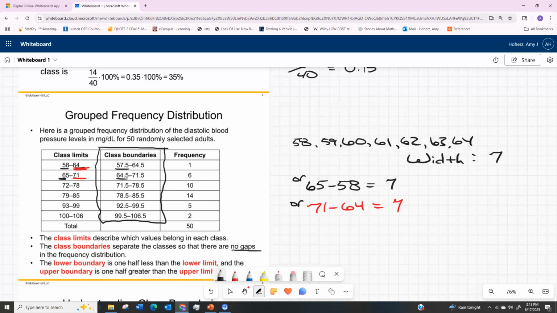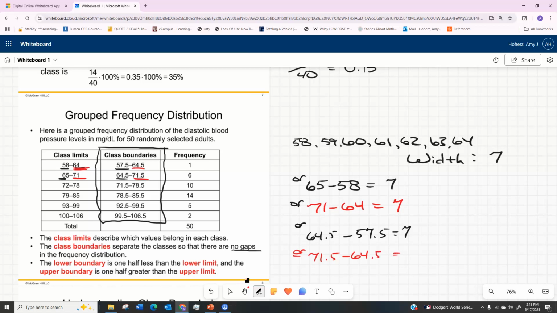You can go lower to lower, and these will all get you the same number. So you can do 64.5 minus 57.5, and that will give you 7. Or you could go 71.5 minus 64.5, and that would also get you 7.